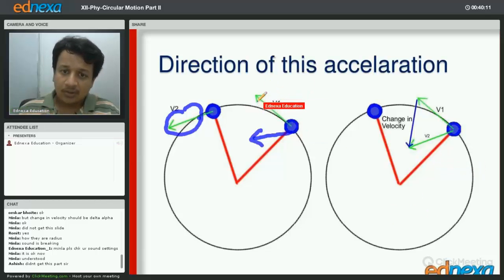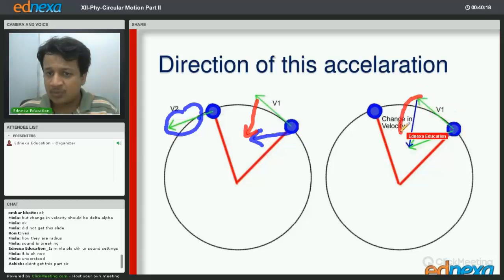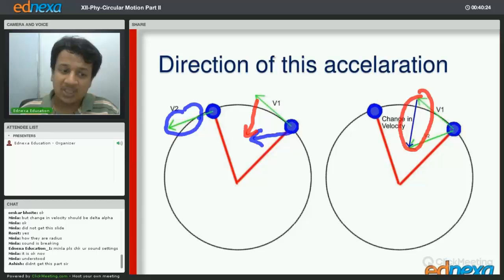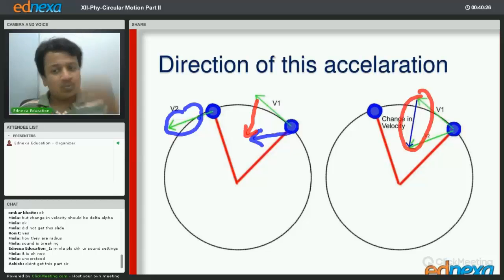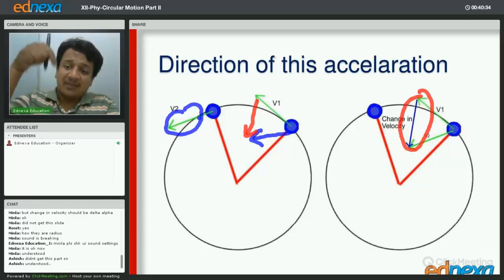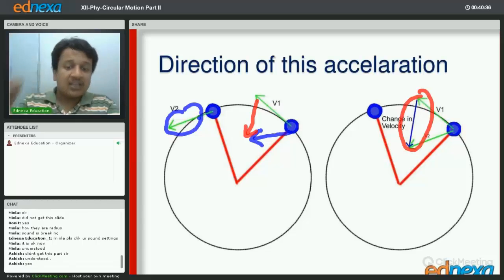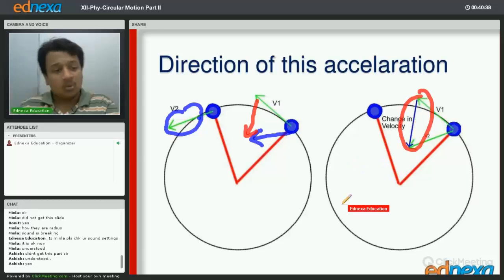Now this red line, or over here this blue line, in which direction is this blue line moving? Is this blue line moving towards the center? So that delta V is moving towards the center, therefore acceleration will also move towards the center.